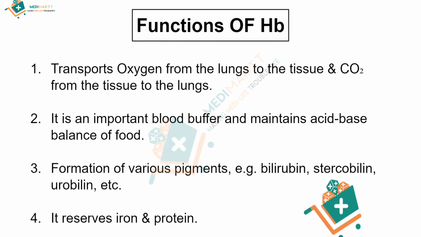Now, formation of various pigments. What pigments does it help to form? Basically bilirubin, stercobilin and urobilin are the important pigments formed with the help of hemoglobin. Now, it reserves iron and protein, so it acts as a reservoir of iron and protein. So that's the point.